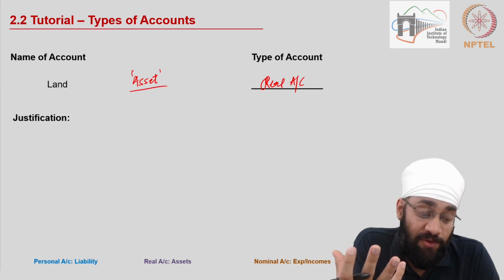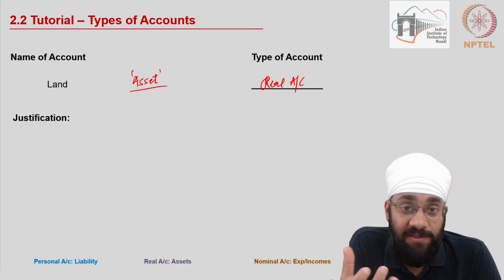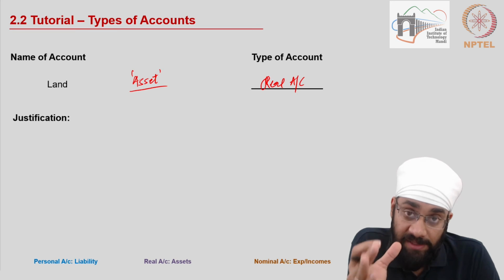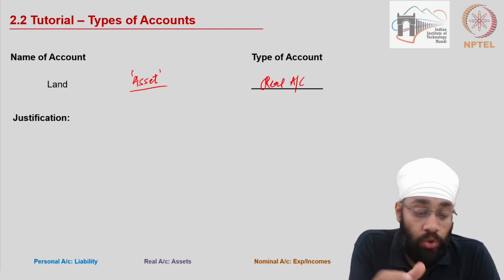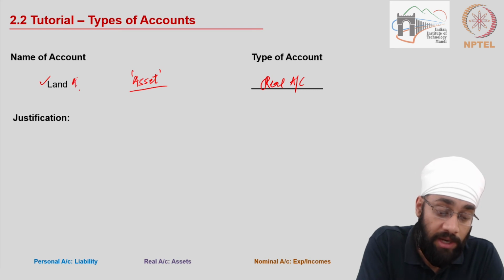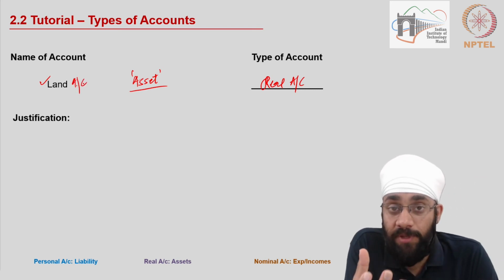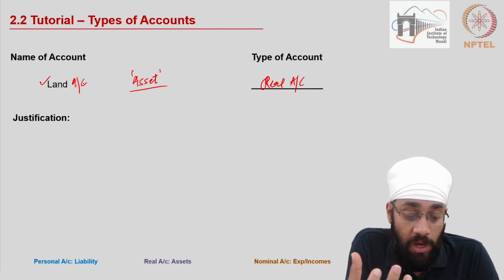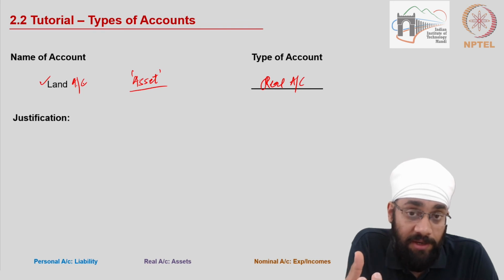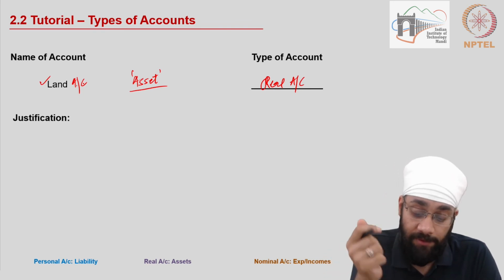But if you bought land to construct your office, a real estate office on top of it, then you would call it an asset. So rather than going by the name of a particular account or a particular item, please understand the purpose behind purchase of that item. How is it going to contribute to the business? Is it an asset or is it a stock in trade for that specific type of business that we're talking about?